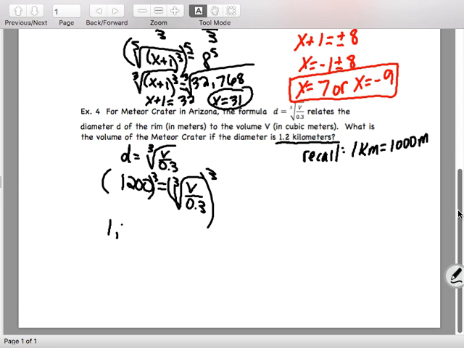I got 1,728,000 equals v over 0.3. And then I need to clear the fraction, so I'm going to multiply both sides by 0.3.